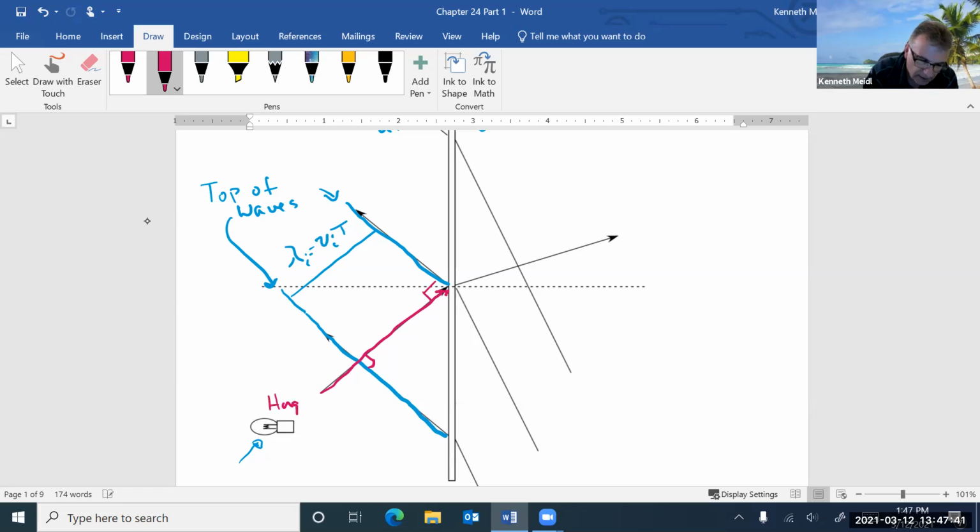So here's our Huygens ray right there. And this right here is the normal line.